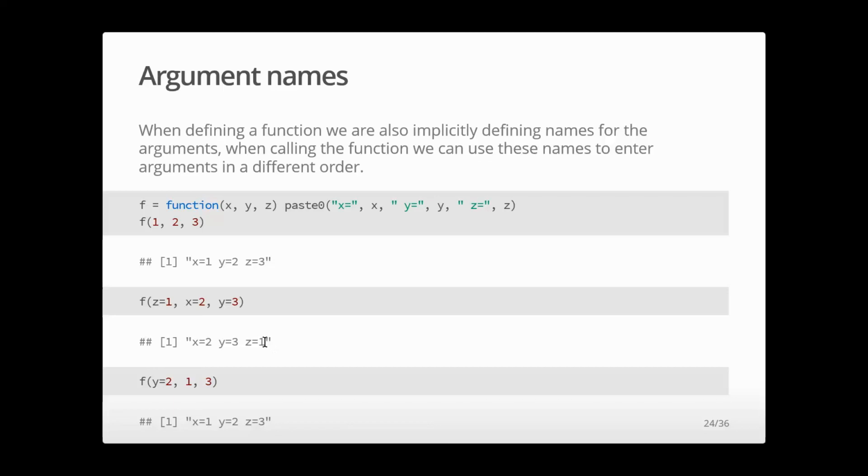Whereas over here, we didn't explicitly say which value is which, so it assumes it's getting the values in the order that the function is written in. Here we said y is 2, so it assumes this is going to be the x and this is going to be the z, because those are the ones in the order it's defined in.